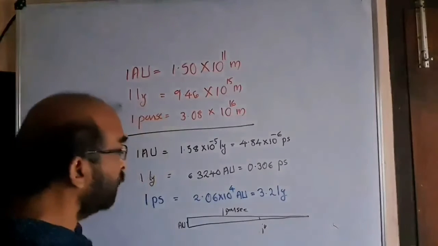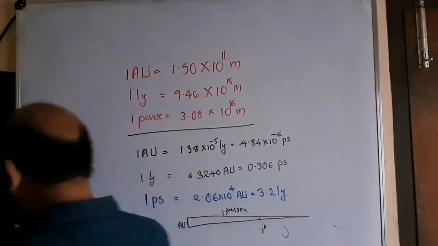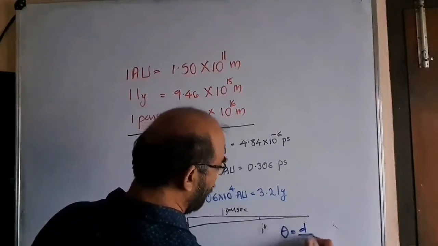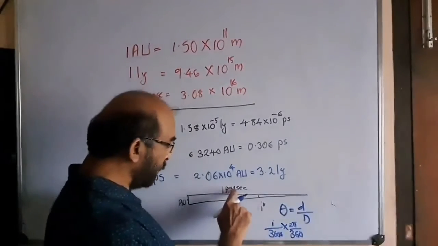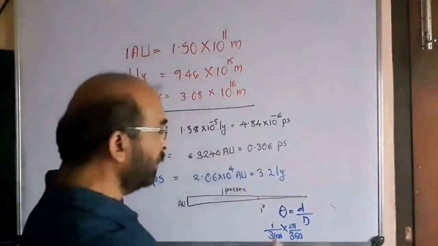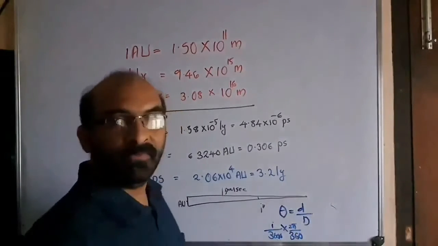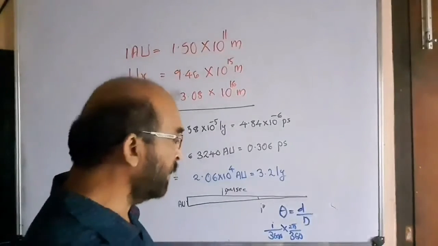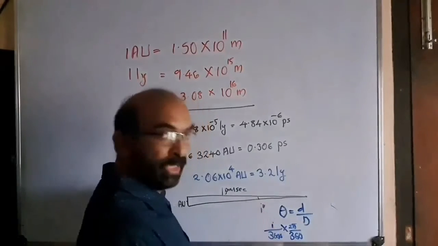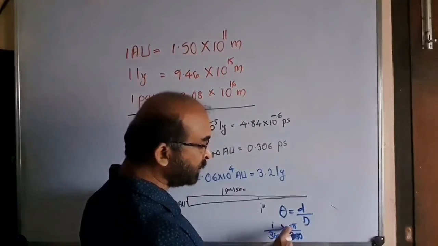So you can even calculate a parsec. How? We know theta is equal to d by D. We determine that. How can we calculate parsec from astronomical unit and this angle? Look here, we know theta is equal to d by D. For us, theta is 1 second. We convert that 1 second to degree. How? 1 second by 3600 gives you degree. And we know every 360 degree is 2 pi radian.